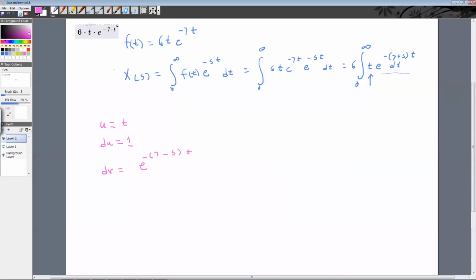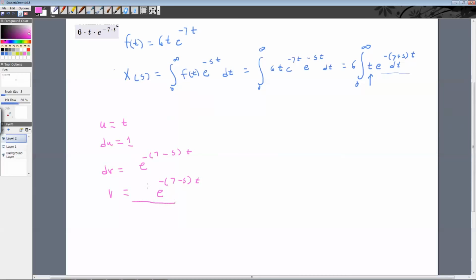Okay, and then that means v equals, I take what I started with. If I took the derivative, what would I have to put there to make sure that that didn't happen?